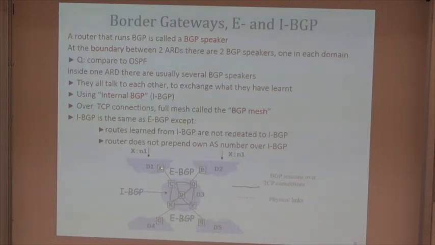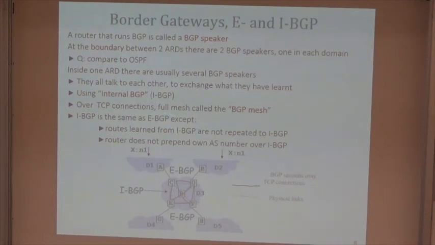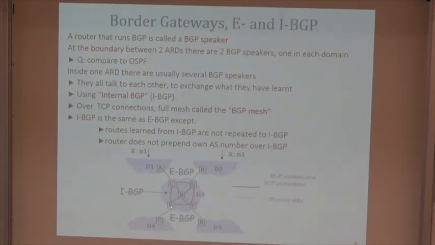Here C has learned a route from A over eBGP, then it will pass the information to D, E, F. Now, because C passes the information to D, E, F, and the BGP mesh is full, there is no point that E repeats the route learned from C to F over iBGP, because there is a full mesh already. So this is the reason for this rule here.